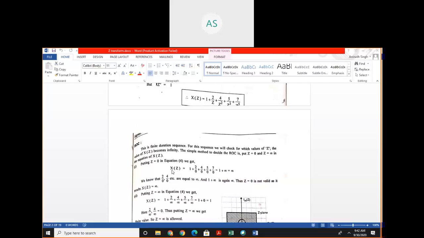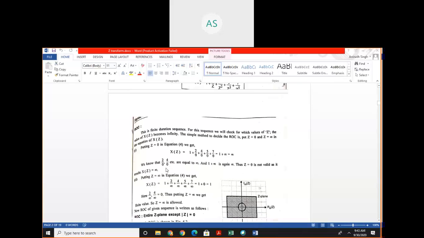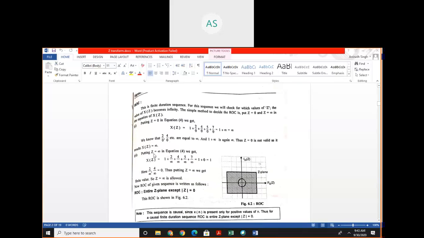Value of X of z is infinite, it means when we put z is equal to 0, we get the value of X of z or z transform is infinite. It means that z transform does not exist for z is equal to 0.